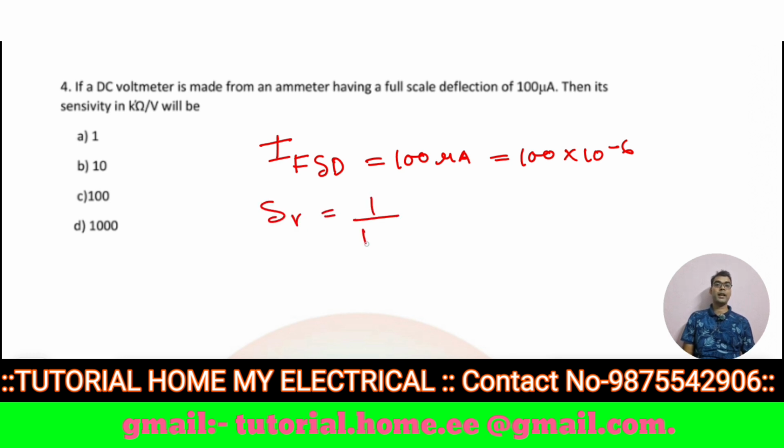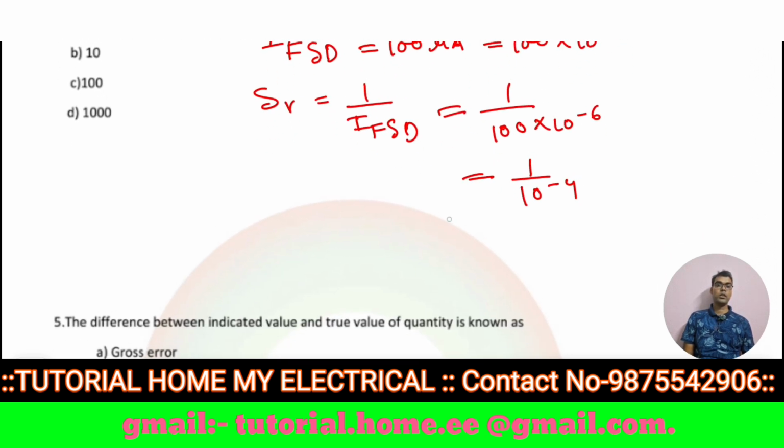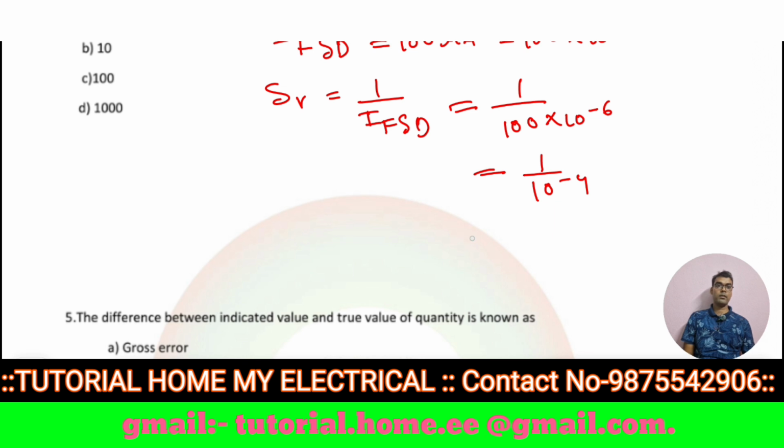So putting in the value, 1 divided by 10 to the minus 4 is equal to 10 to the 4 ohm per volt.